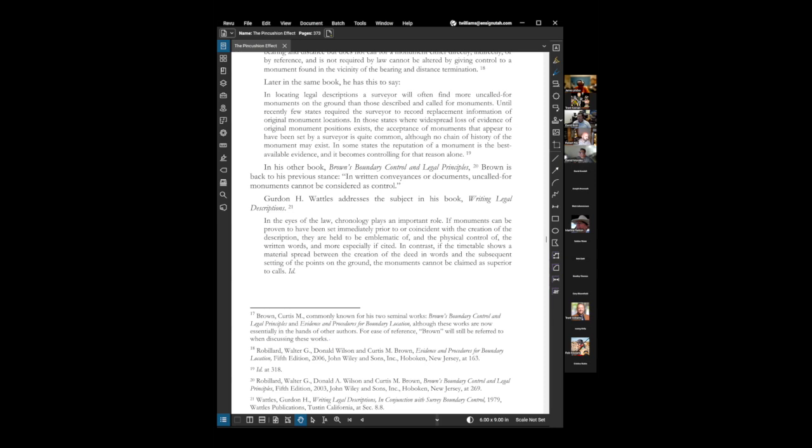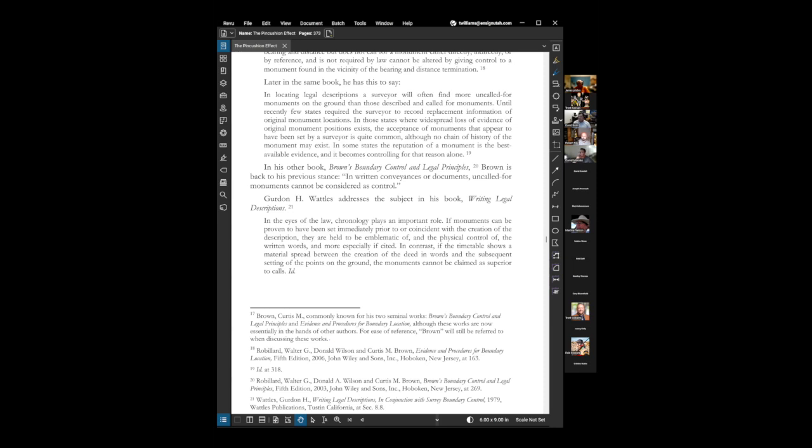If monuments can be proven to have been set immediately prior to or coincident with the creation of the description, they are held to be emblematic of and the physical control of the written words, and more especially if cited. In contrast, if the timetable shows a material spread between the creation of the deed in words and the subsequent setting of the points on the ground, the monuments cannot be claimed as superior to calls."